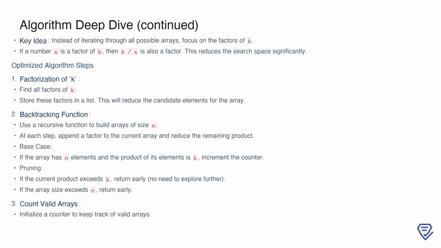To improve efficiency, we include pruning conditions so that we stop exploring paths that are guaranteed to fail. For example, if the current product exceeds k, there's no point in continuing further down that path. Similarly, if the array grows beyond size n, we terminate that branch. This combination of factorization and backtracking drastically reduces the computational complexity compared to the brute force method.